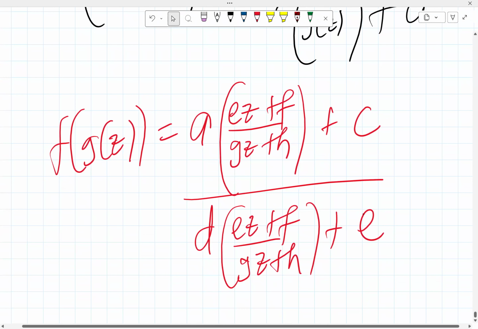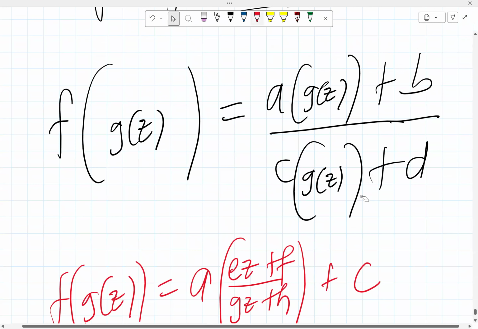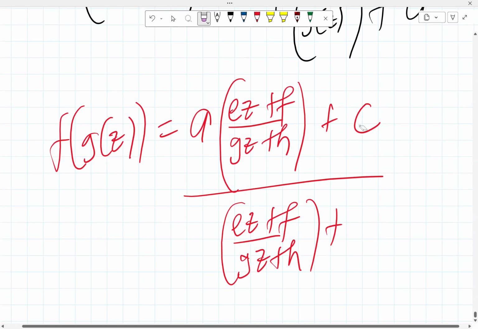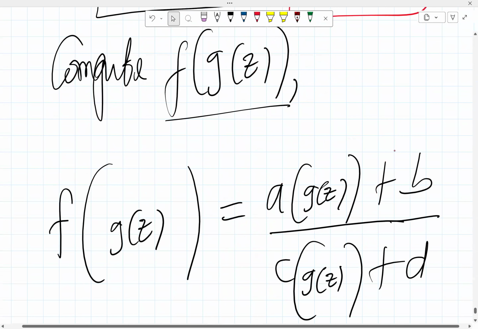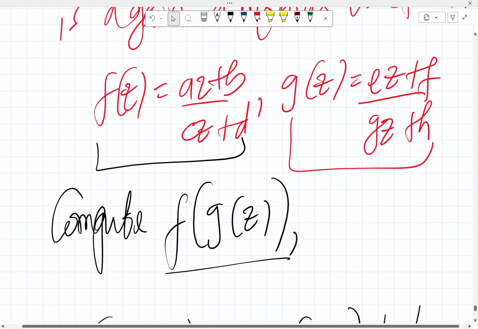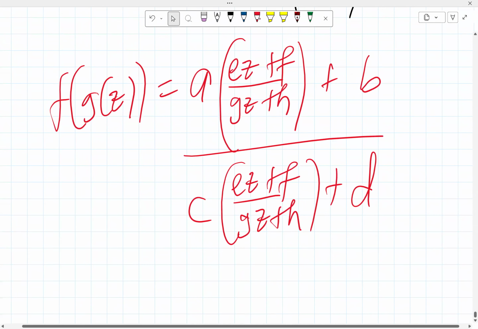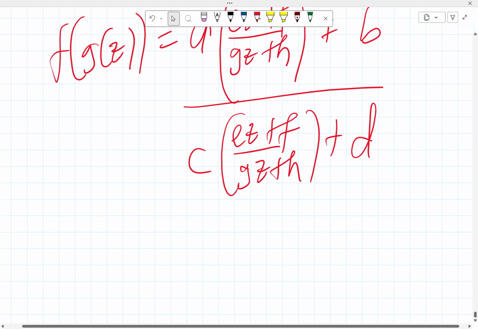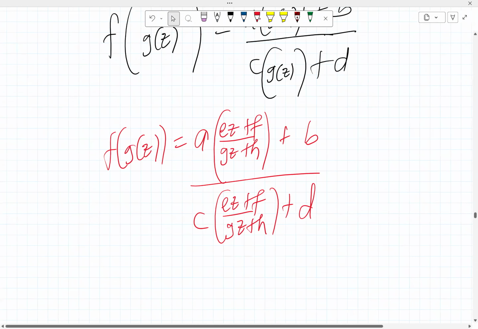So you can see it can be quite confusing. This is a, b, c, d, so it's still the same thing we are following. The only thing that has changed is that instead of z now we have ez plus f over gz plus h.